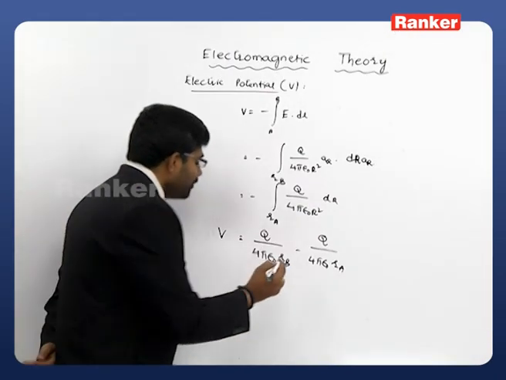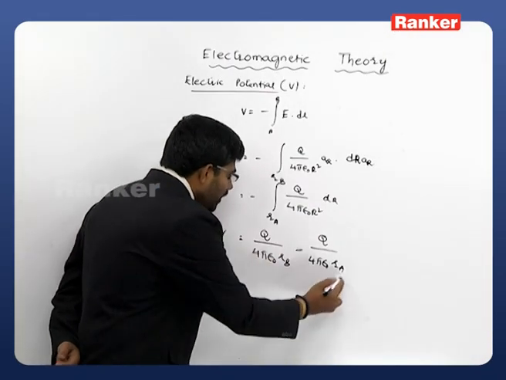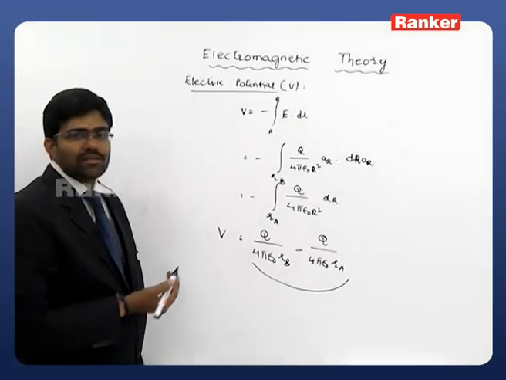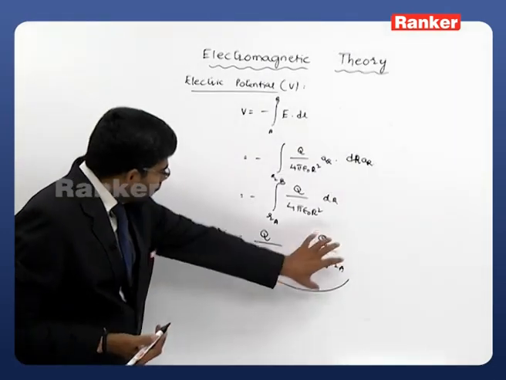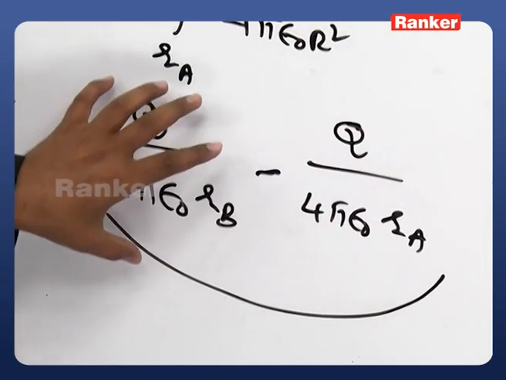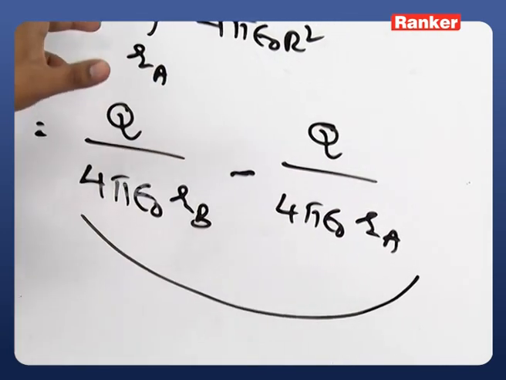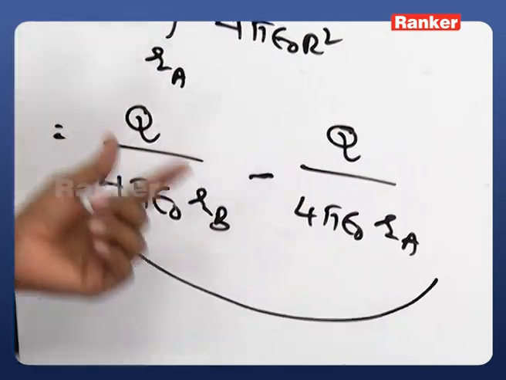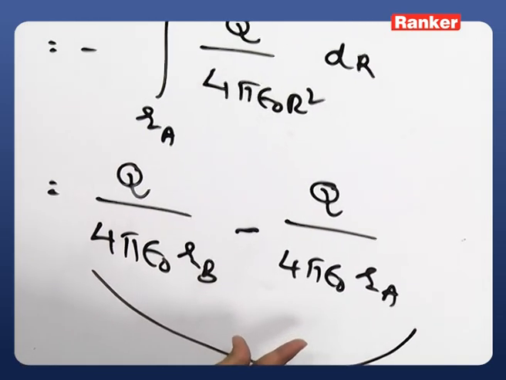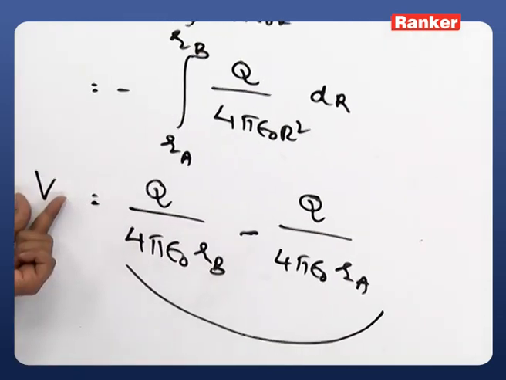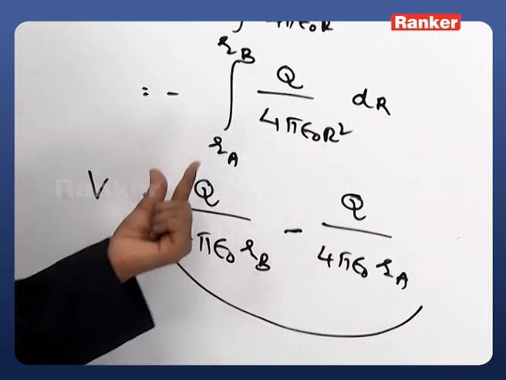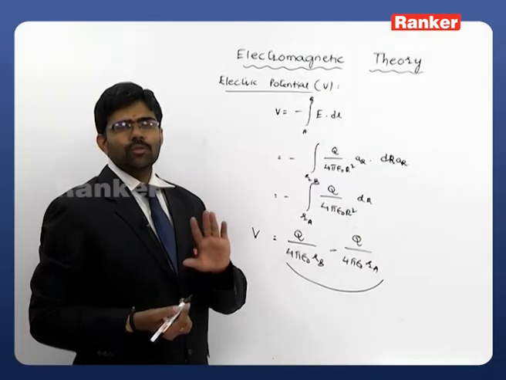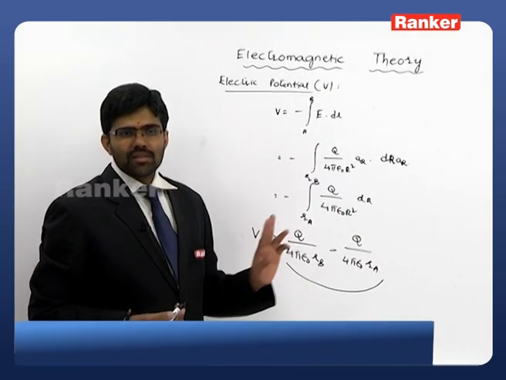If you observe them, it is not a simple quantity, it is a difference of two quantities, something subtracted from another. What is it called? It is called the difference of absolute potentials. That's why we always say this V is the potential difference. We are not supposed to say V is potential.